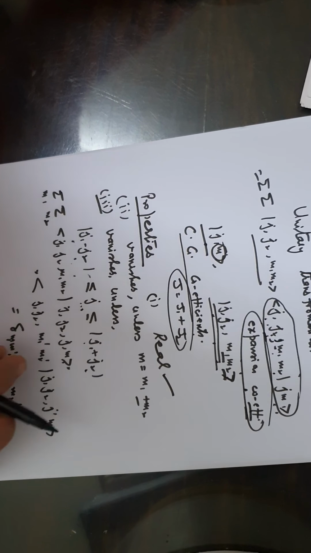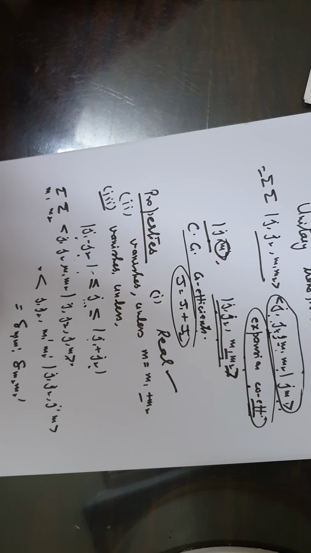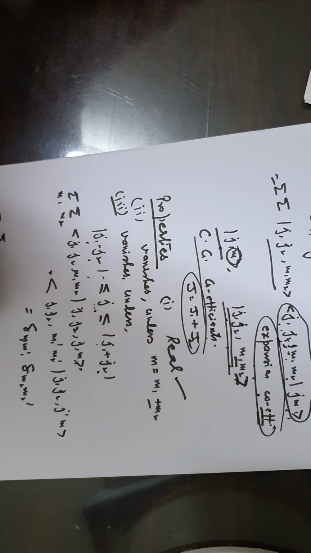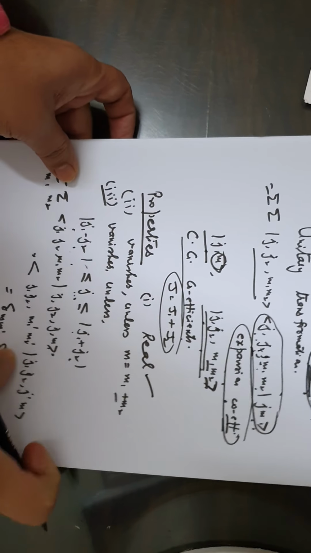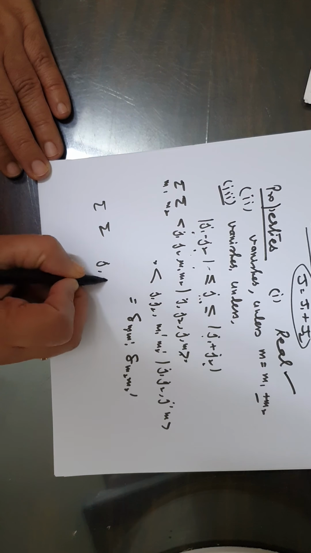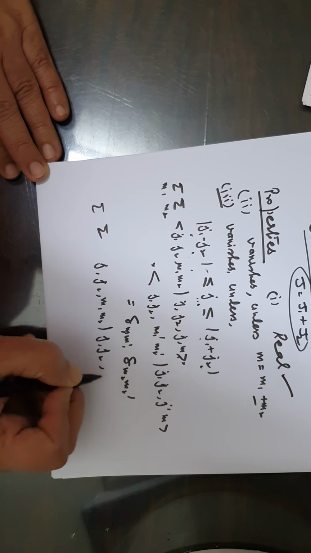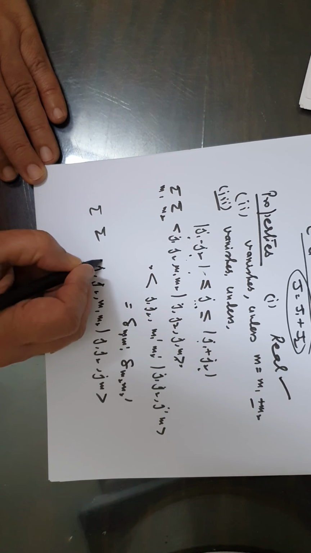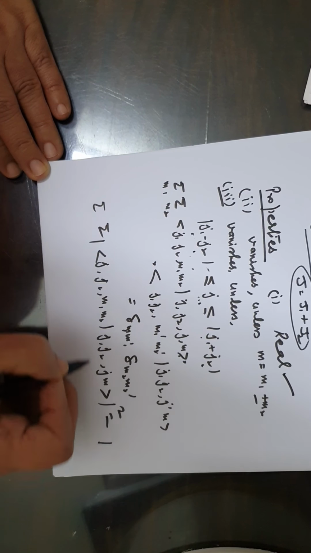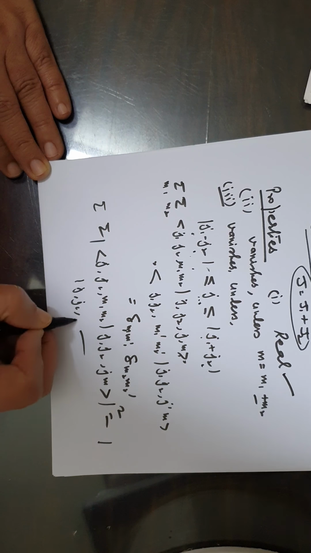Likewise, you can take it with the Jm also. We can say that the inner product of J1, J2, M1, M2 with J1, J2, Jm, modulus squared, summed, is equal to 1, which is the normalization condition of J1, J2, Jm.